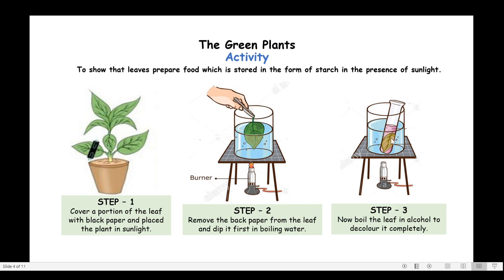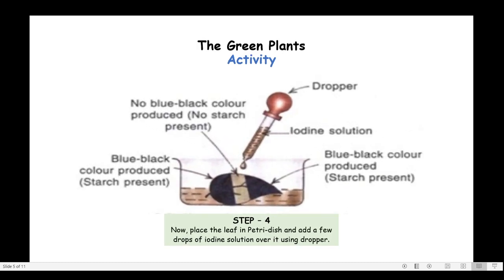When the leaf loses its color, we put a few drops of iodine solution. As I told you, iodine solution reacts with starch and gives blue-black color. But if starch is not there, it will not give blue-black color. So when this leaf is kept in a petri dish and a few drops of iodine are put over it, we observe that blue-black color is produced on those parts of the leaf that were exposed to the sunlight.